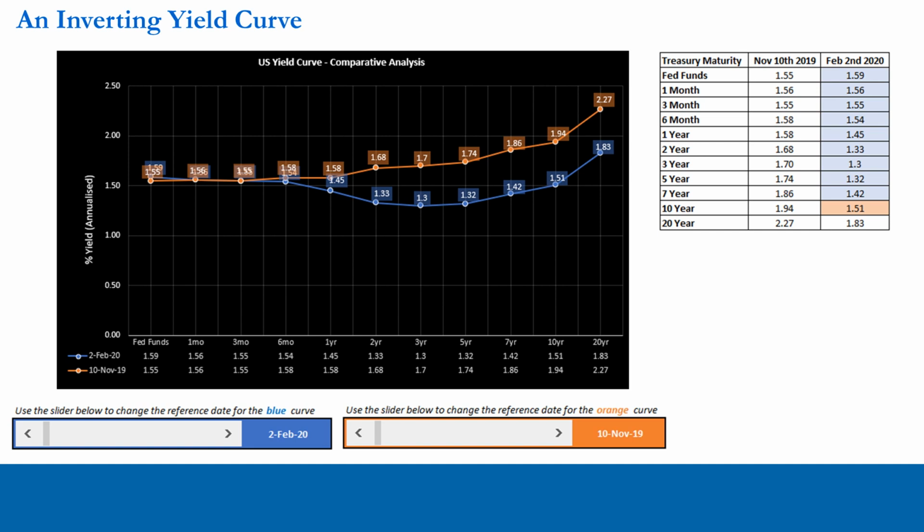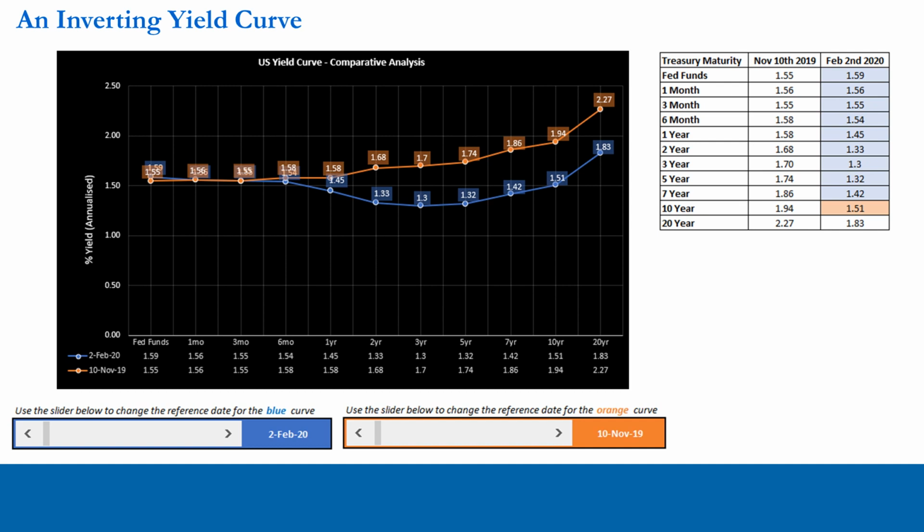If we look at the yield curve on the right-hand side, you will see the rates plotted in a table where the Fed funds rate in November 2019 was 1.55. And you can see, looking down through the table from 1 month to 20 years, that the numbers just get higher and higher.